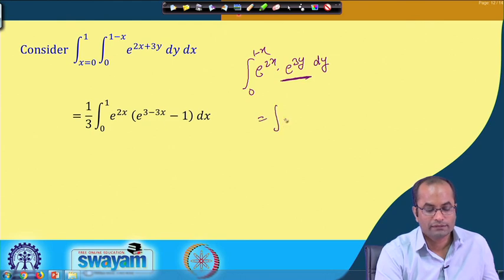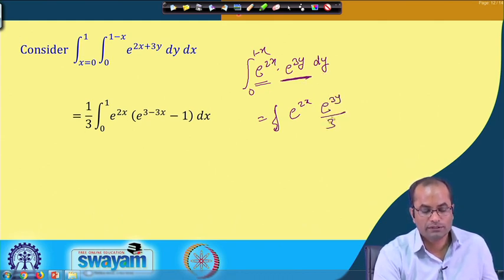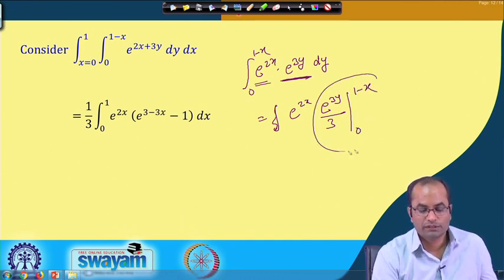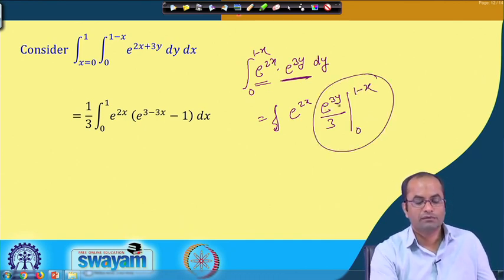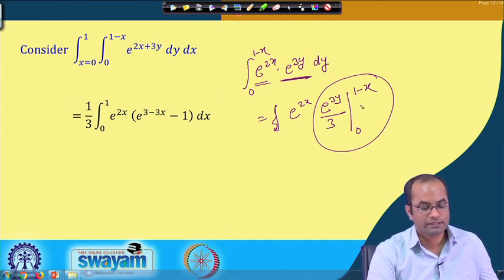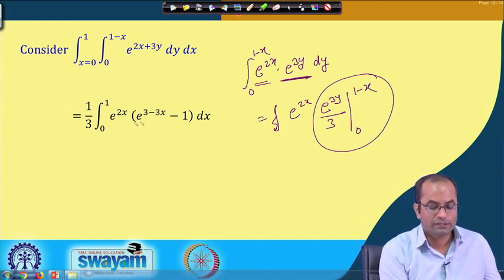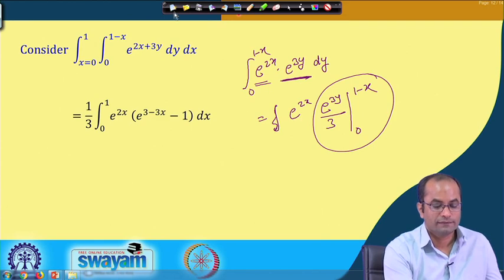We get e power 2x as a constant with respect to y, and e power 3y will become e power 3y over 3, with the limit 0 to 1 minus x. When we put the upper limit here, we will get e power 3 minus 3x, and then minus 1 here, and e power 2x is sitting there.